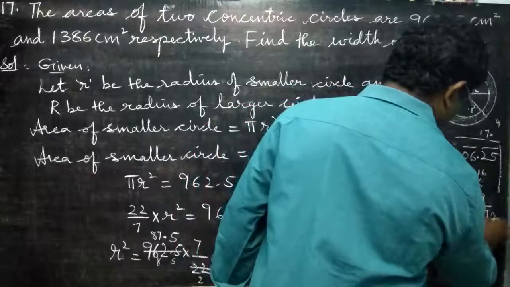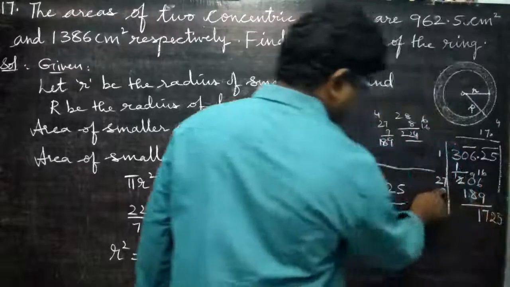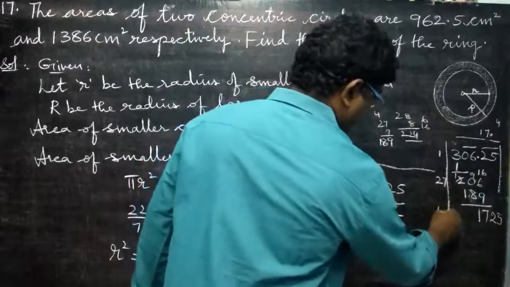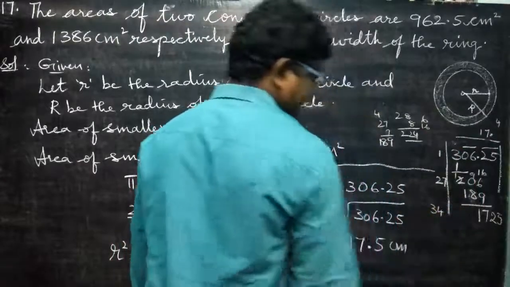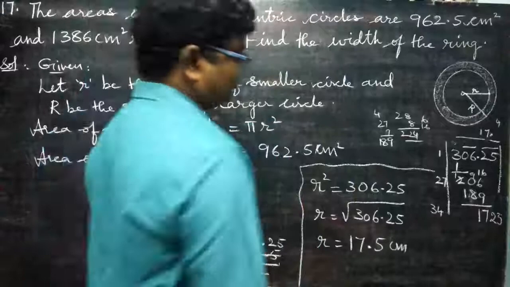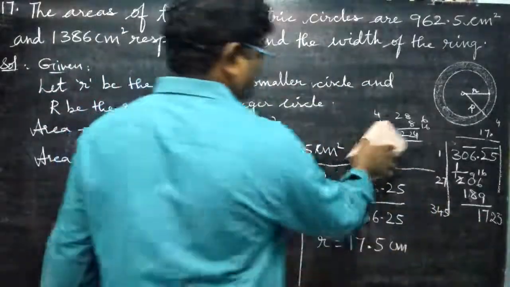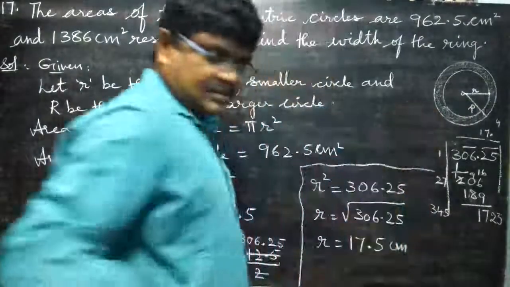Next bar 25. Here 7 is there, add one more 7. If you add 7, 14, here 1, 3. 27 plus 7 is 34. 5 times. Multiply 5 times, because we are having 25 in the last.